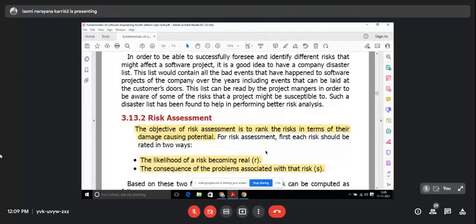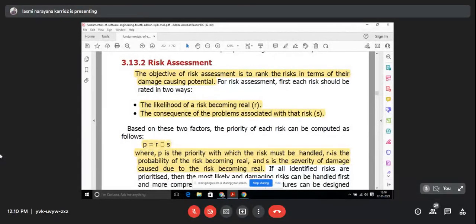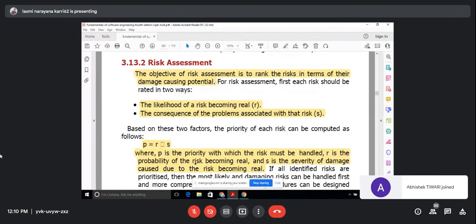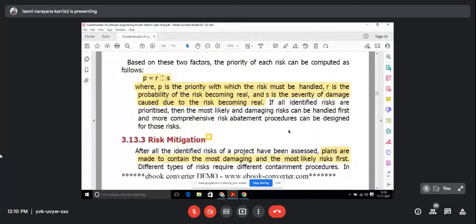The consequences associated with the risk mean severity: how strong the damage caused by the risk is. And we have the formula P equals R times S, where P is the priority with which the risk must be handled, R is the probability of the risk becoming real, and S is the severity of the damage caused due to the risk becoming real.